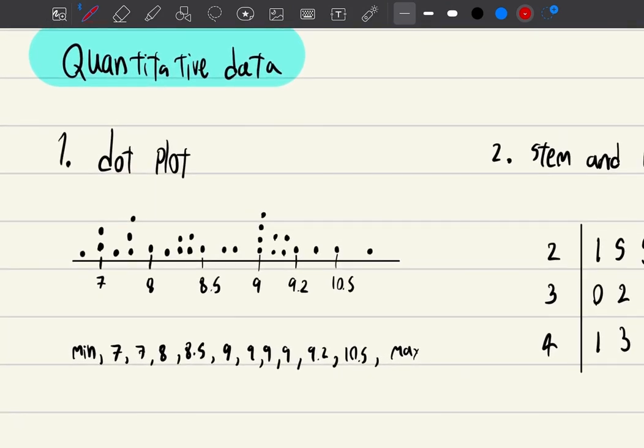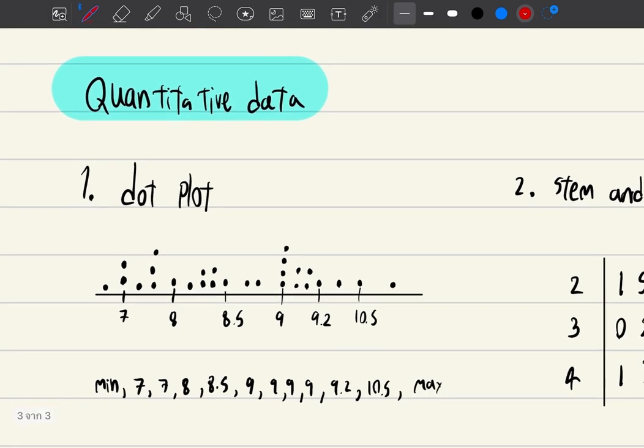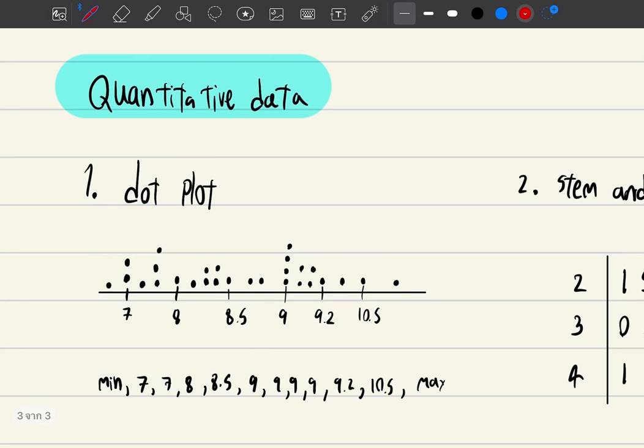But the charts are going to be different. The first one is the dot plot. The dot plot is to represent the class frequency of each numerical scale.